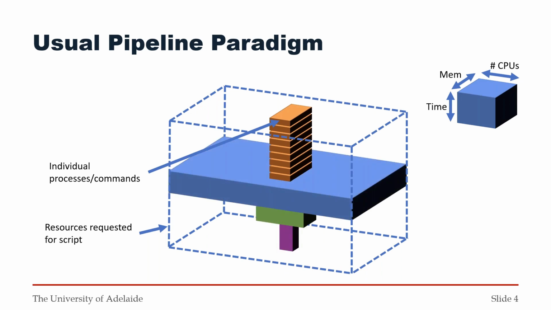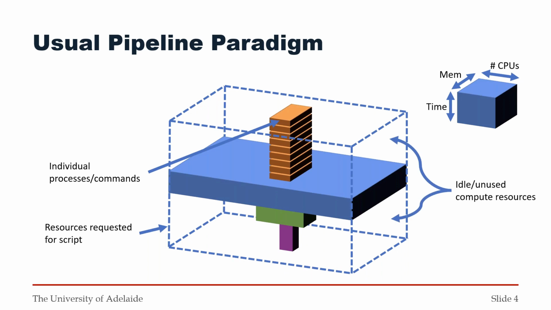Then you might have part of the script that has a large memory requirement, a large CPU that can be highly parallelized. And so this particular command requires more resources. And this is usually what dictates the resources that are requested for a particular script submitted to the cluster.